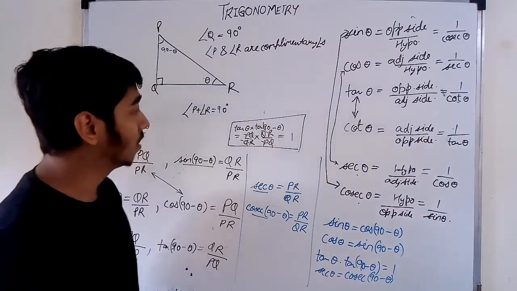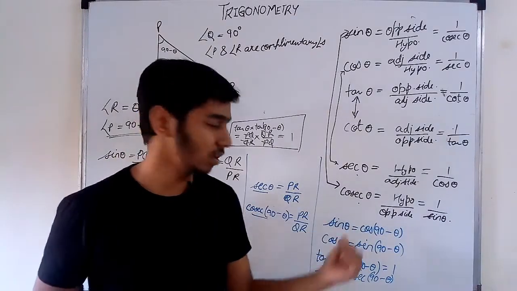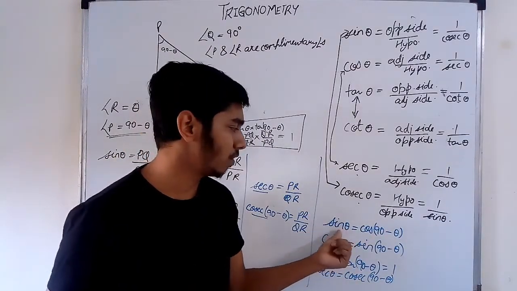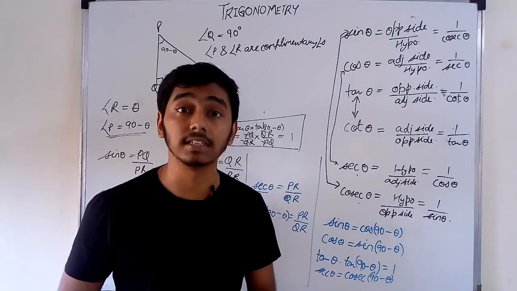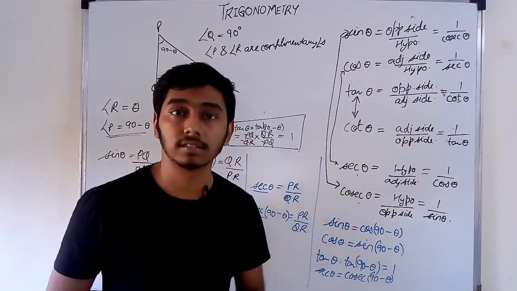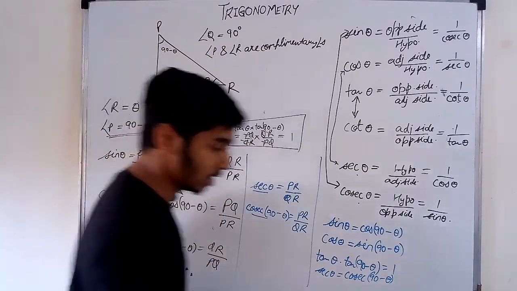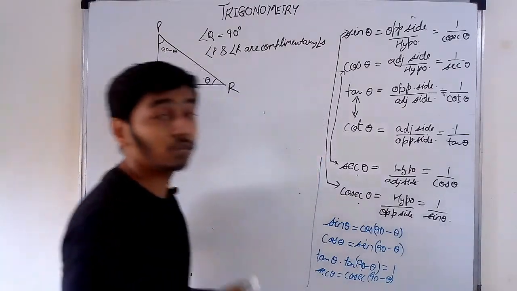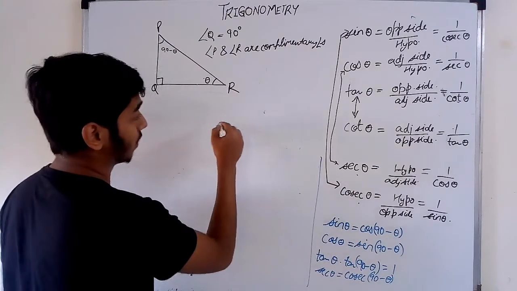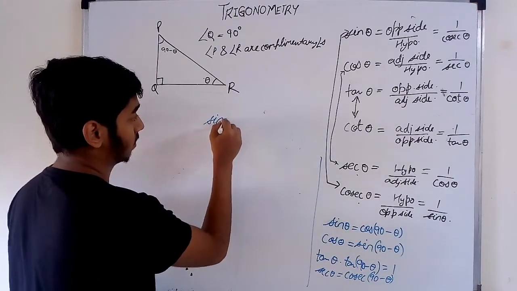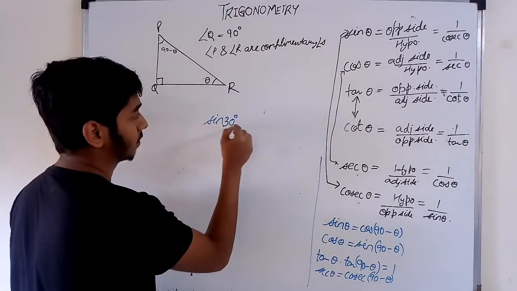Now we discussed all this. What is the meaning of sin theta equal to cos 90 minus theta? Why are we doing this? Let's say you want to find sine 30 degree.